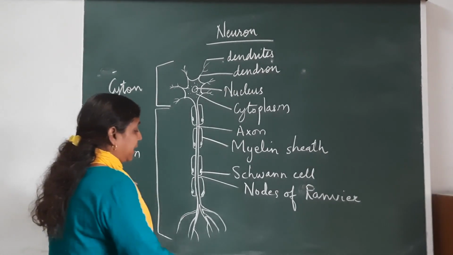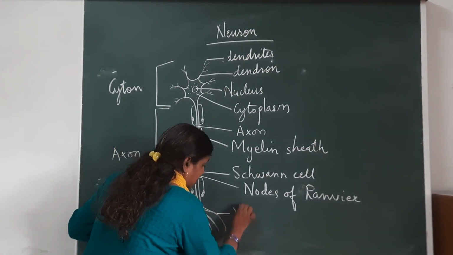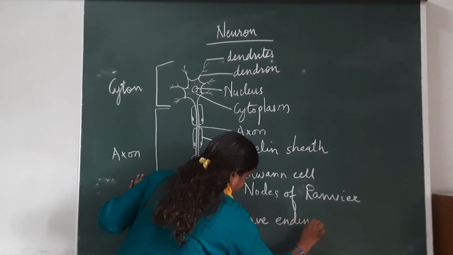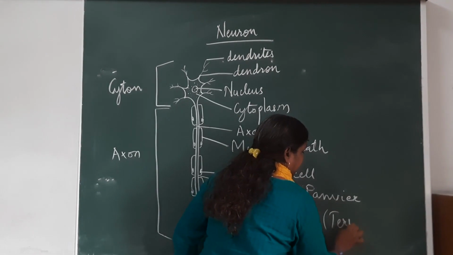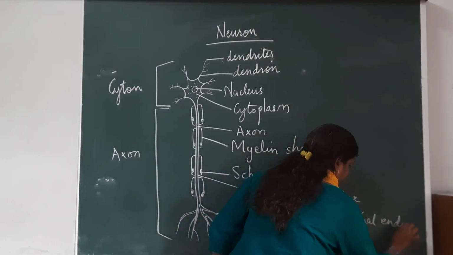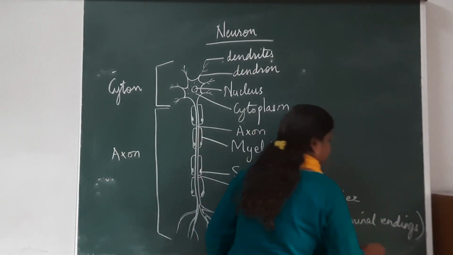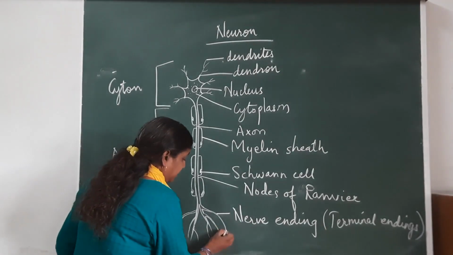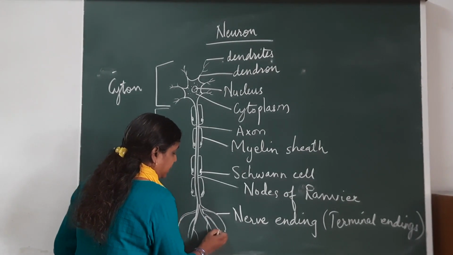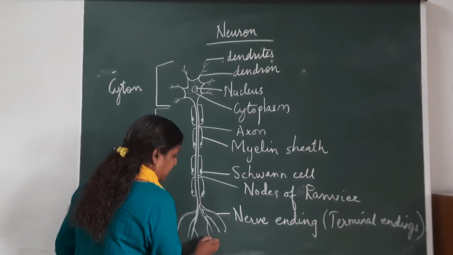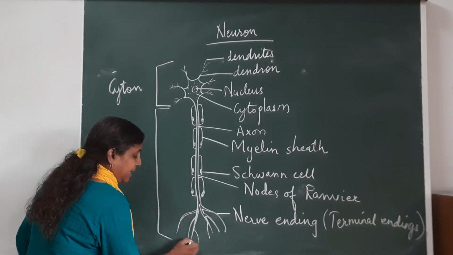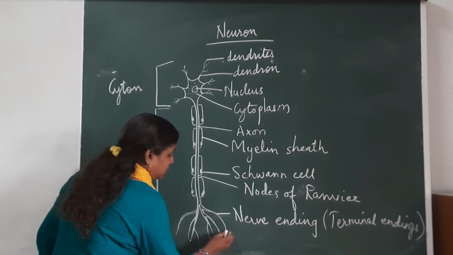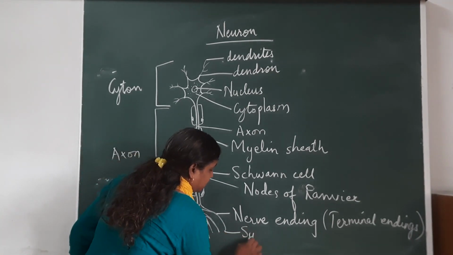Finally, the axon ends in nerve endings, also known as terminal endings. And at the base, where it ends completely, there are knob-like structures called as synaptic nodes.